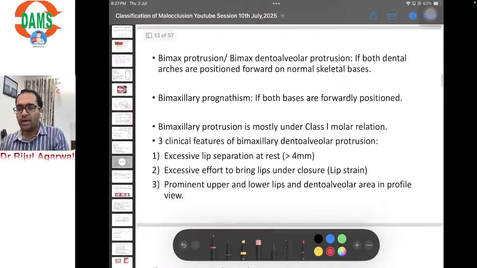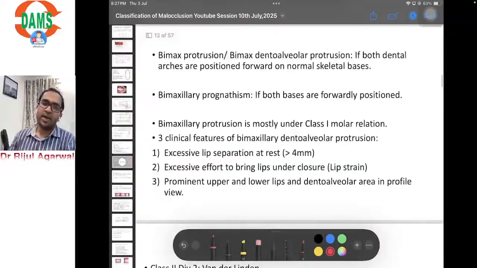Coming ahead to the next, that is bimaxillary or bimaxillary dentoalveolar protrusion. Okay, so there are two terms, bimaxillary protrusion and bimaxillary dentoalveolar protrusion. Bimaxillary or dentoalveolar means the dental arches or the teeth are forwardly positioned on a normal skeletal base, and bimaxillary prognathism means both the arches are forwardly positioned.